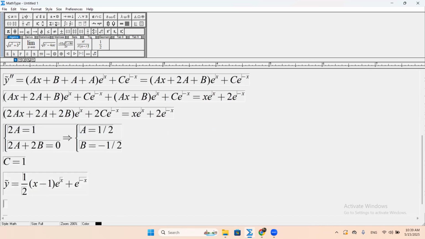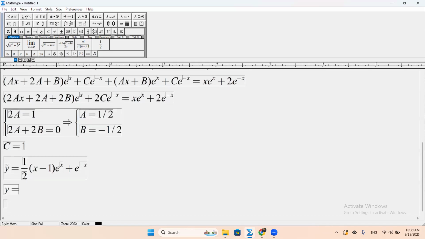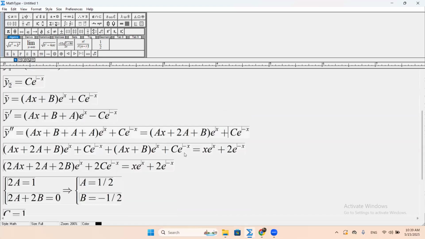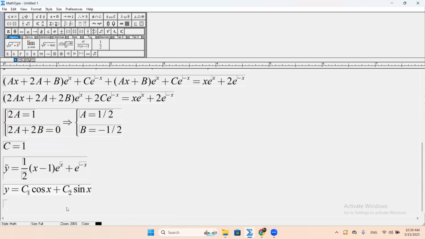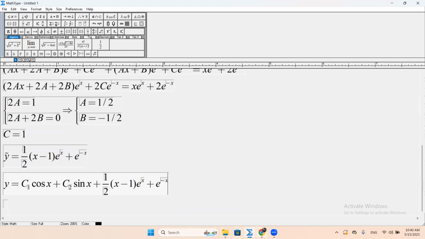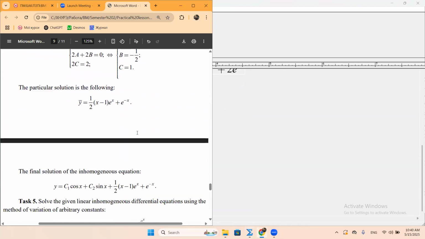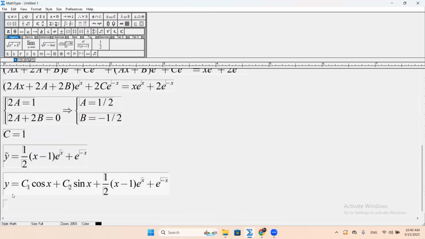So this is the partial solution, and the general solution of the equation is the following: C1 cosine of x plus C2 sine of x plus this exponential expression. So it's done. Let us check here if everything is correct. Yeah, correct. So here is the final answer. Any questions about this exercise?